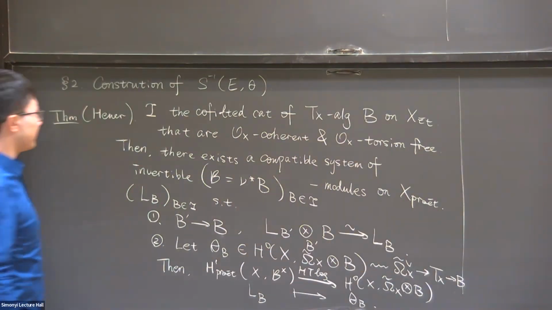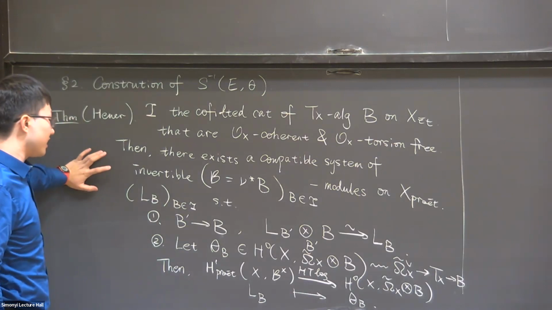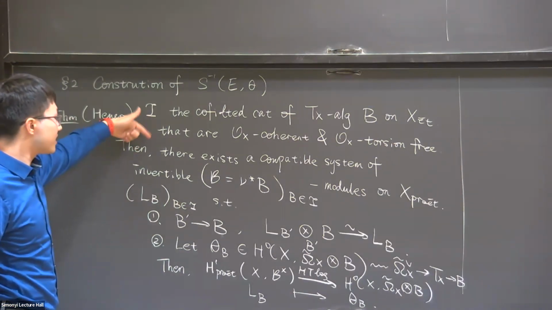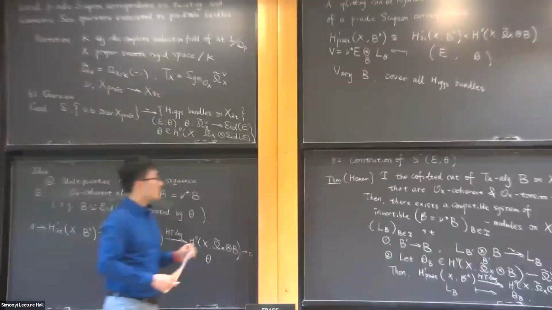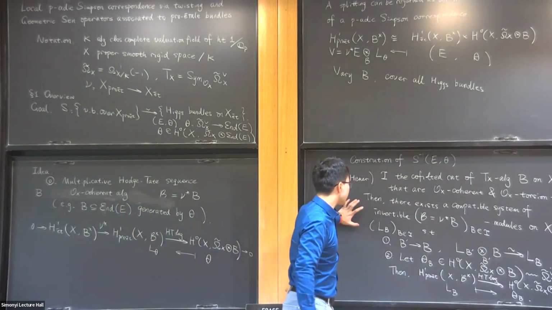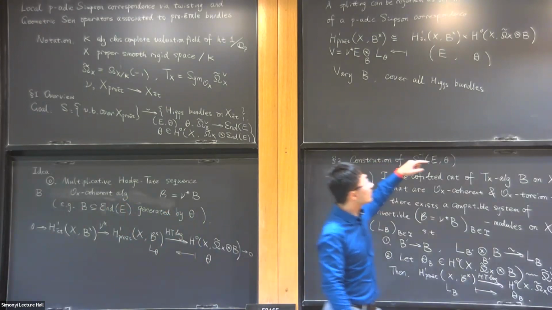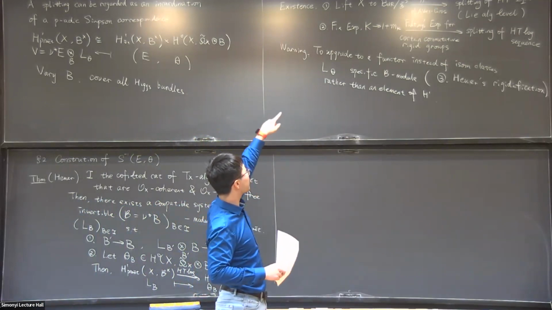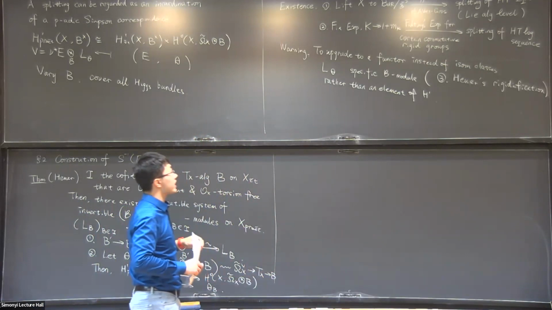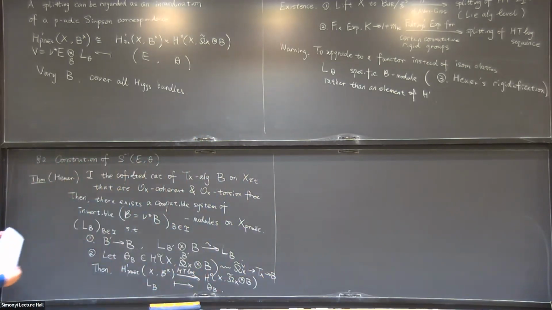So namely, when you vary B in this category, you can pick compatible such splittings, and every LB is a true invertible module instead of just an isomorphism class. As I said, to establish such existence, Heuer picks a lift to get a splitting of the Hodge-Tate sequence and fixes this using Faltings' exponential to get a splitting of the Hodge-Tate log sequence.